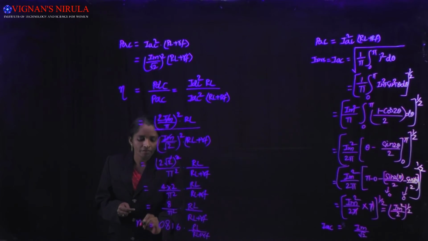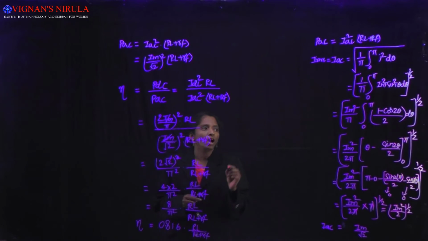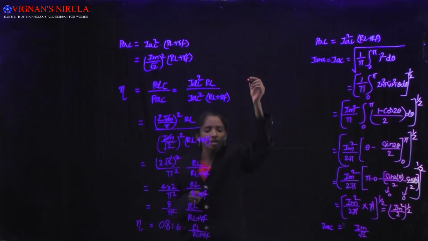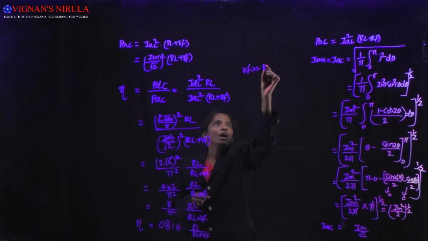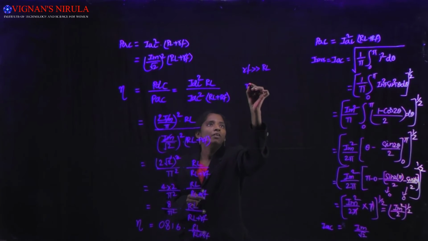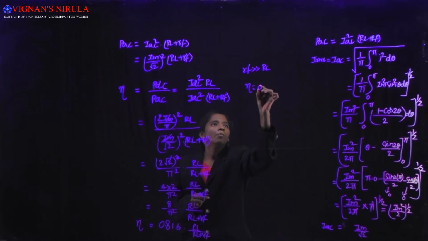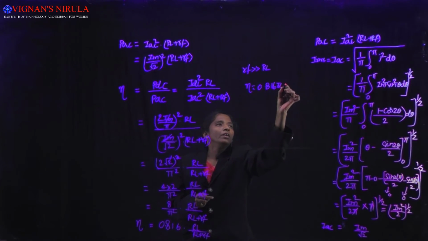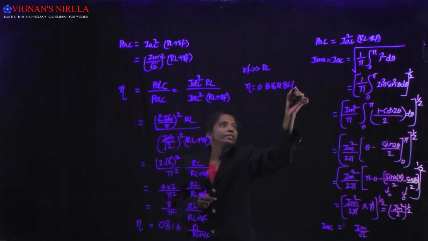That is the efficiency. So if RF value is far less than RL, then efficiency will be equal to 0.816 or 81.6 percent.